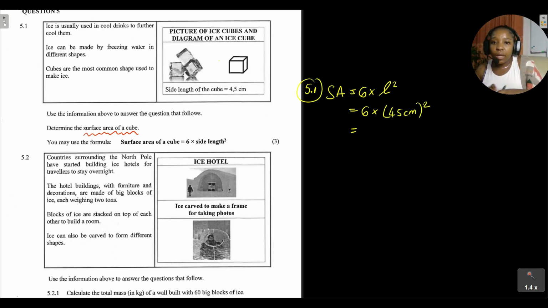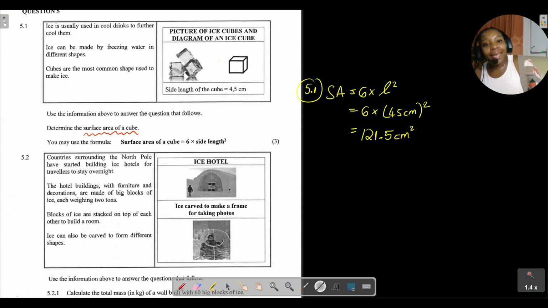If you punch 6 times 4.5 centimeters all squared into your calculator, what do you get? It's 121.5 centimeters squared. We are calculating surface area, emphasis on area. Therefore, the unit of measurement is centimeters squared in this context.